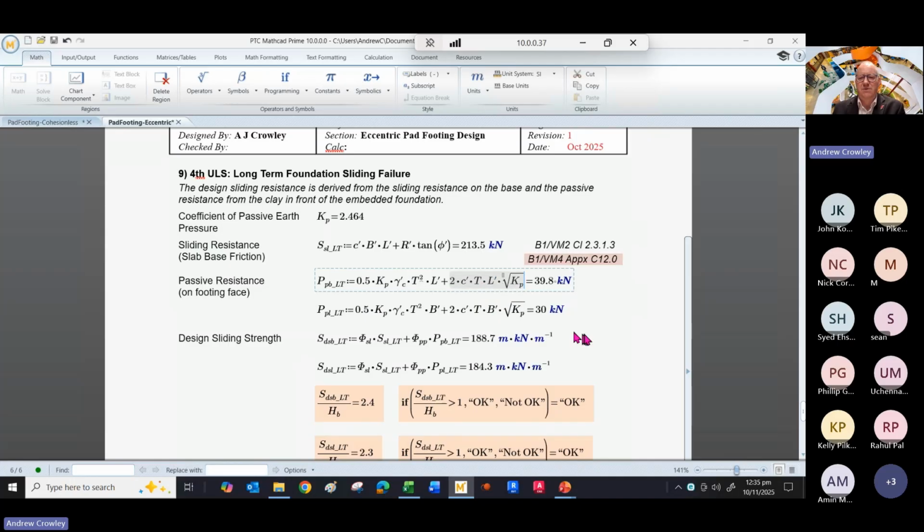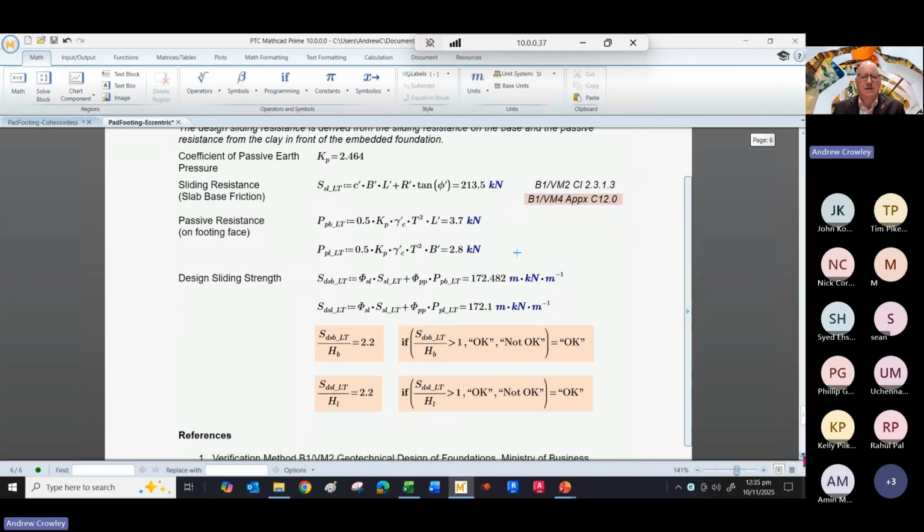And if you want to be conservative, take that value out there, which has been borrowed from B1 VM4, the previous edition. It makes a little bit of difference, but usually not enough to put you over the edge.